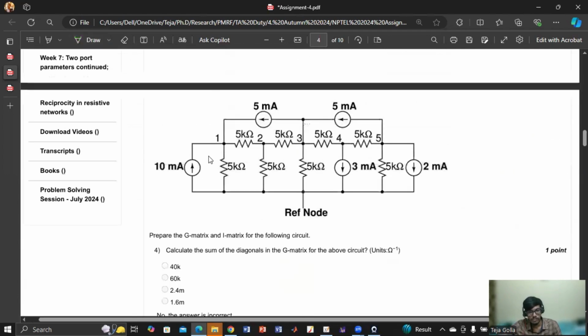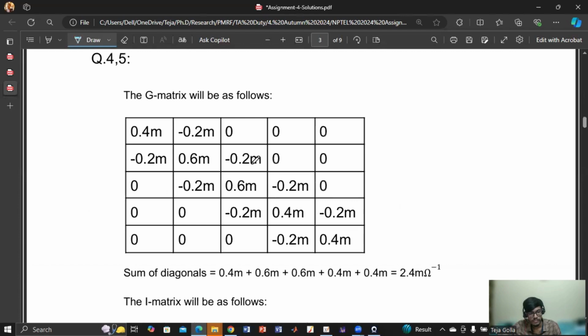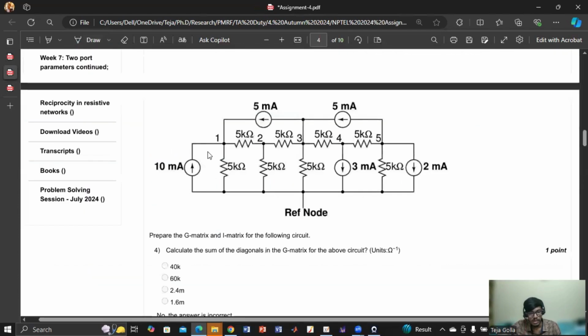And if we solve this question, it is also the same. At node 1, first the diagonal elements. How many nodes are there? 1, 2, 3, 4, 5 nodes are there. First diagonal elements, the summation of all the conductance at node 1.